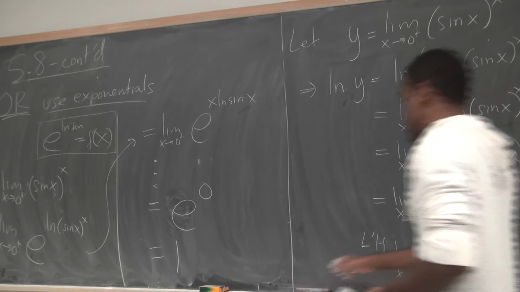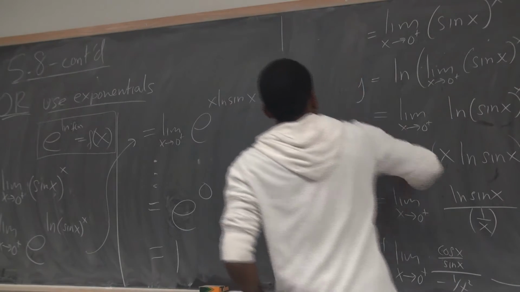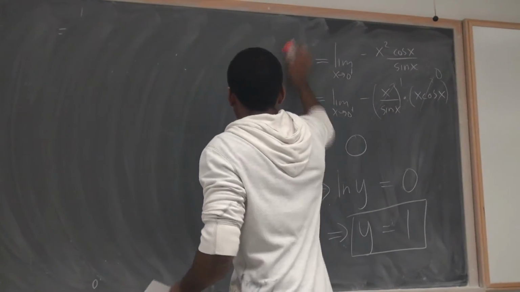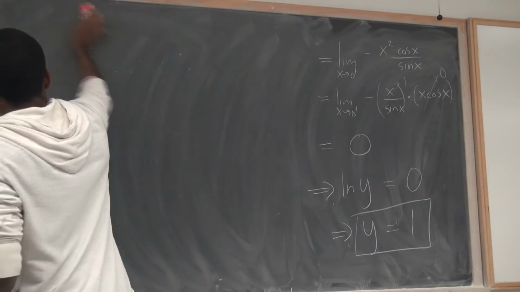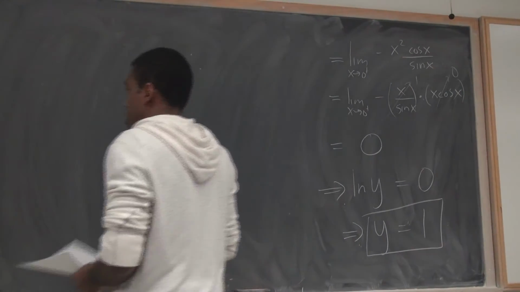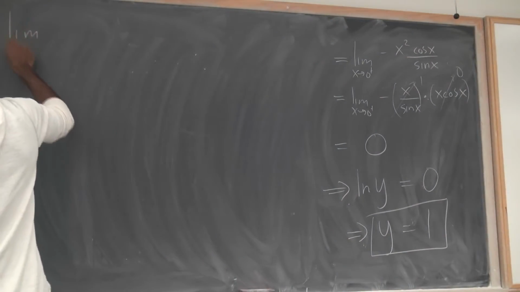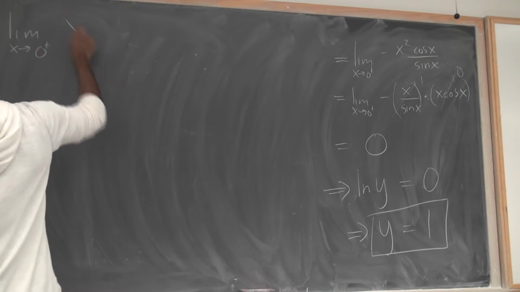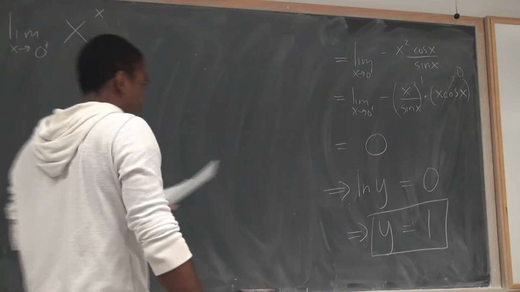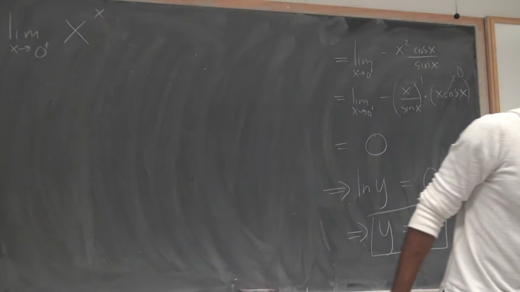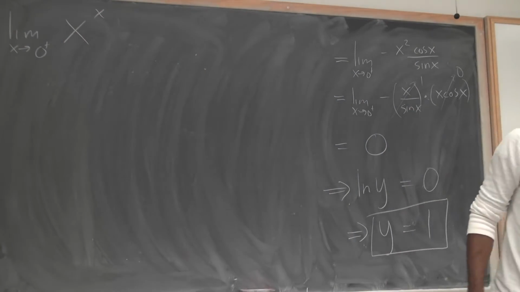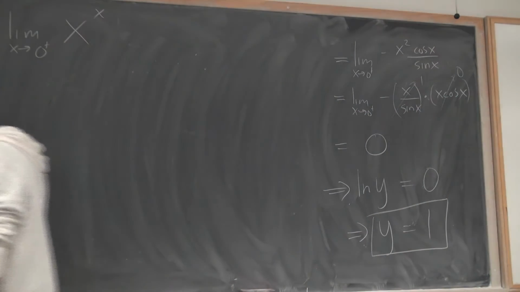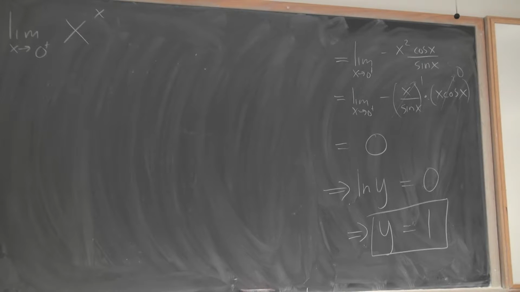Let's do another example. Try to get things to sink in. Let's make it a little easier, but the same kind of process. X to the x. How would we do that?